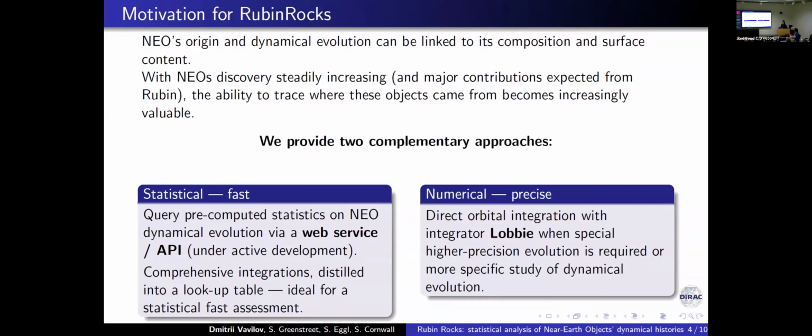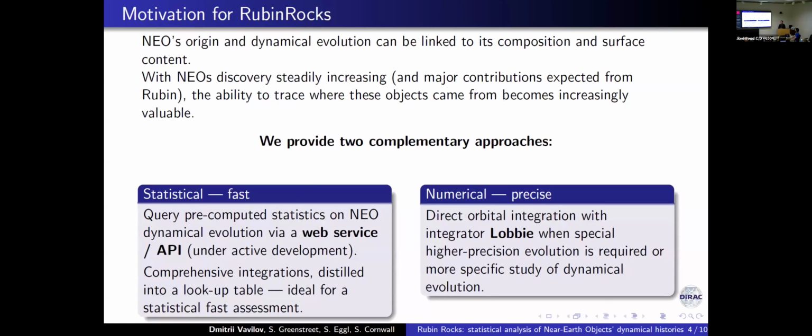For our project, we provide two complementary approaches. One is a fast, statistical approach: you query the already pre-computed statistical dynamical evolution of near-Earth objects via our web service and API, which is still under active development.